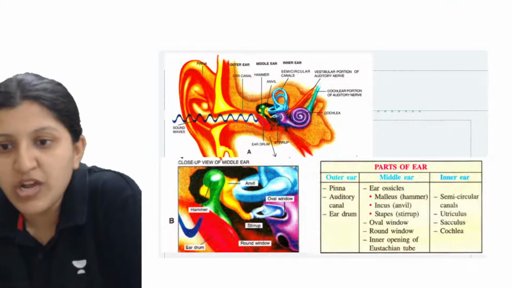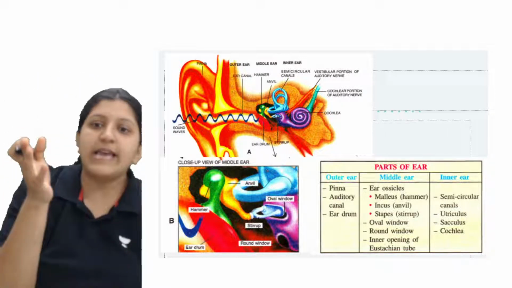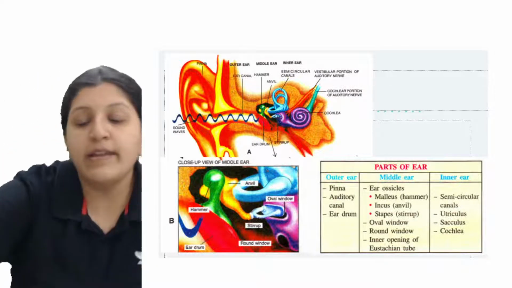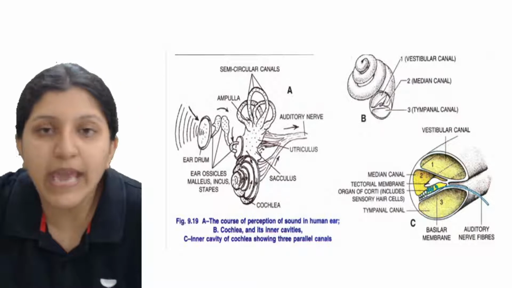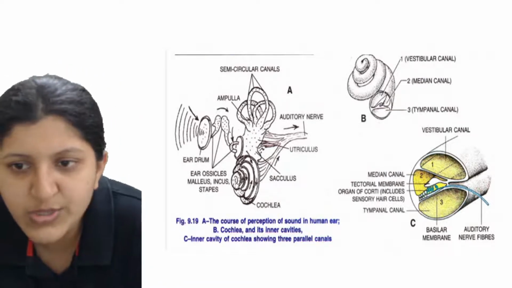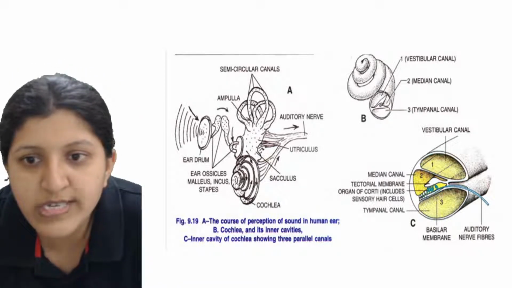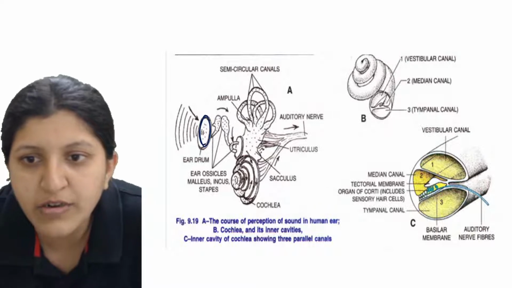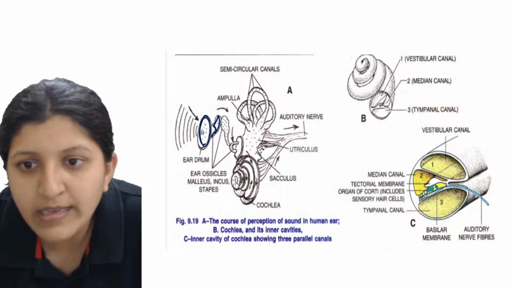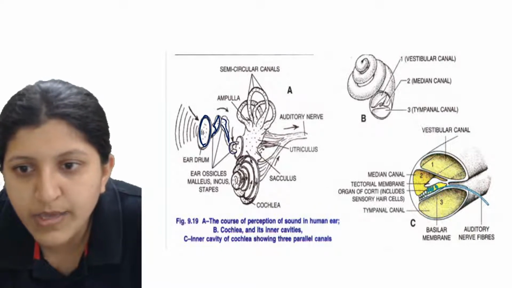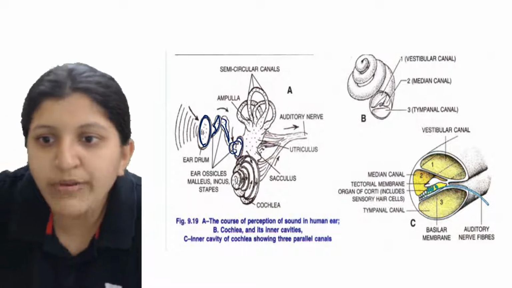With respect to that, you can find the structure which is given here. This diagram you need to draw, and a more specified diagram is given in your book. If you just draw this one, it is enough. Make sure that you are drawing the eardrum, the malleus, incus, stapes, then the oval window.